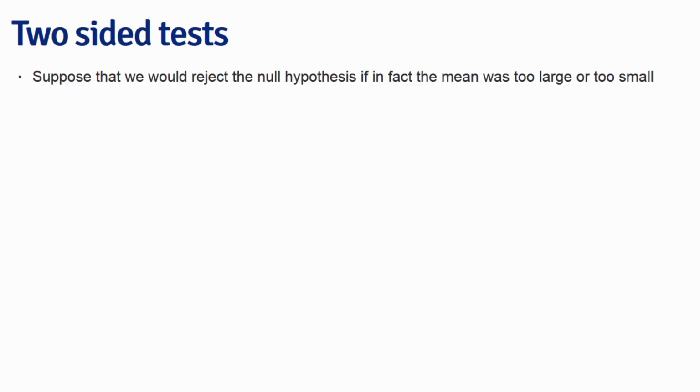Let's also go through a two-sided test. Suppose that we wanted to reject the null hypothesis if in fact the mean was too large or too small. This doesn't make a lot of sense in our specific scientific setting because we were specifically interested in whether or not this particular population of obese subjects had a respiratory disturbance index larger than 30, our reference value.